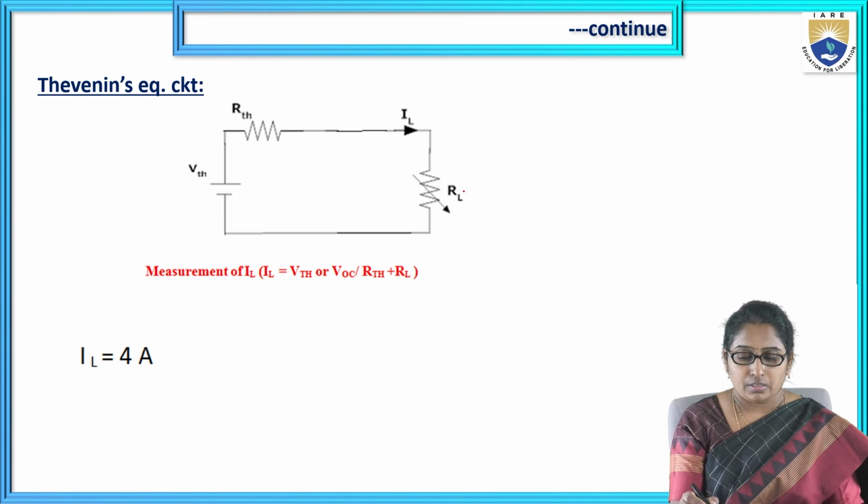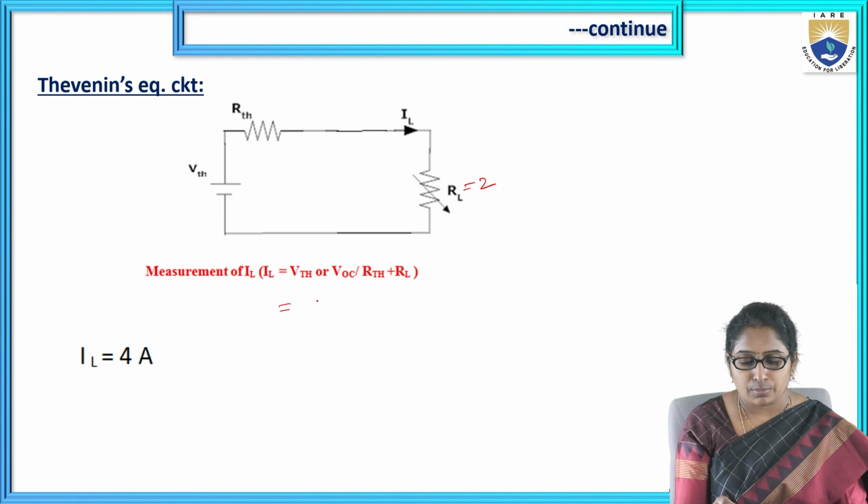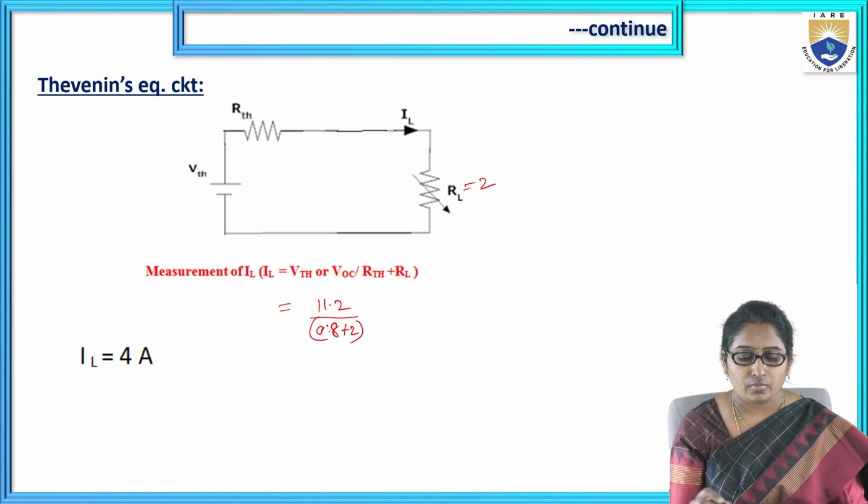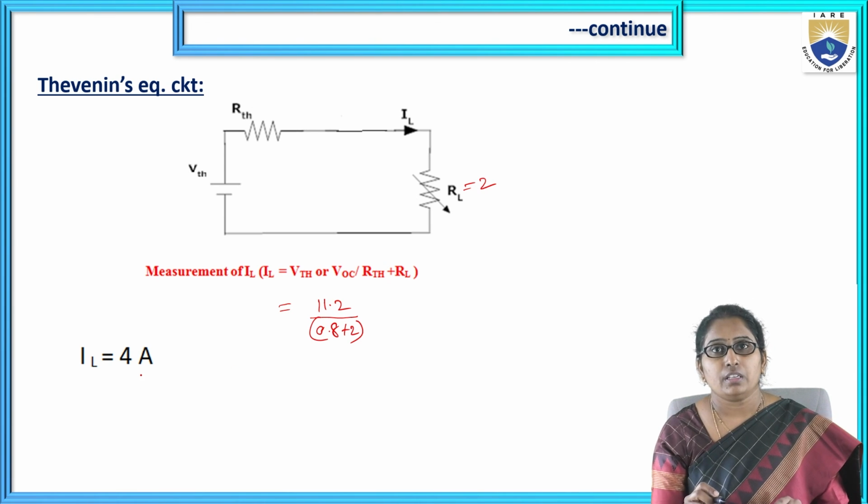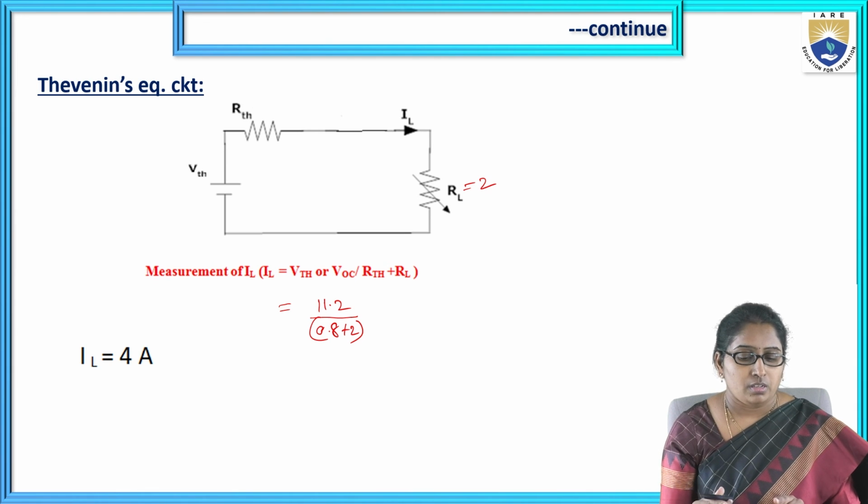So substituting the values, 11.2 by 0.8 plus 2. The answer is 4 amperes. The answer for this problem is 4 amperes.